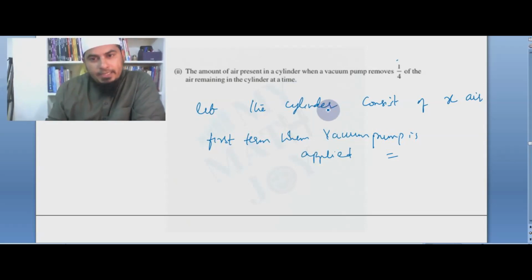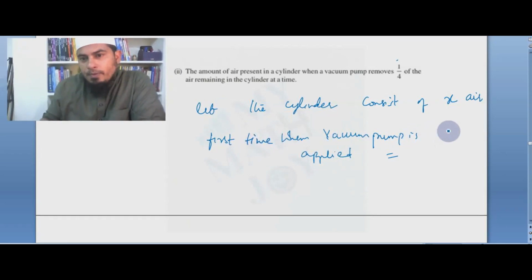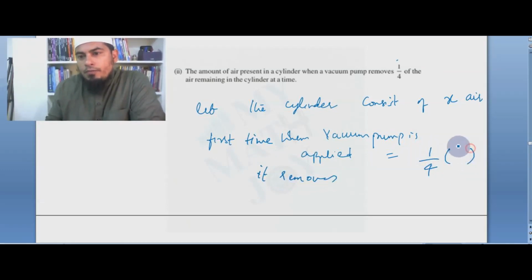How? Let us prove it. The first time when the vacuum pump is applied, how much gas is removed? It removes 1/4 of the total gas.